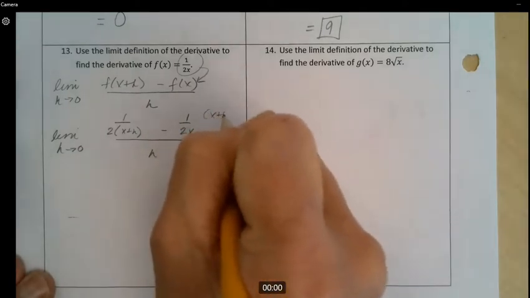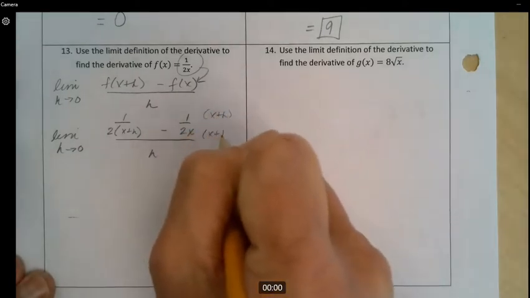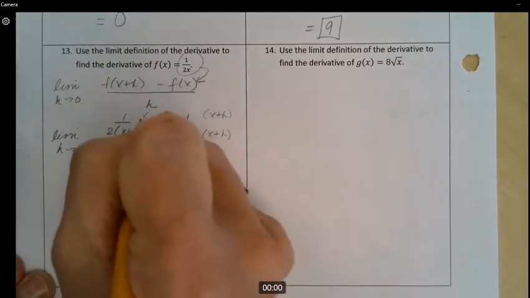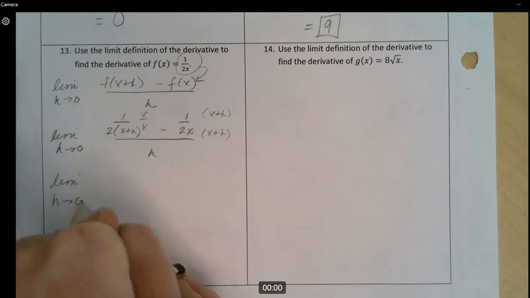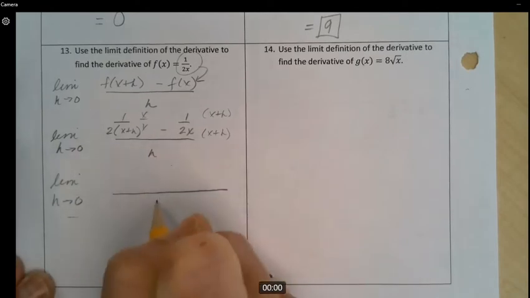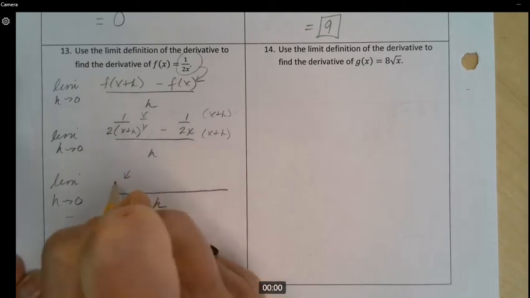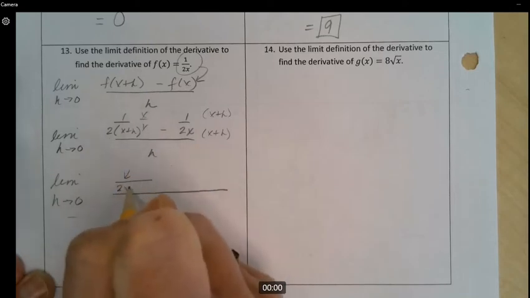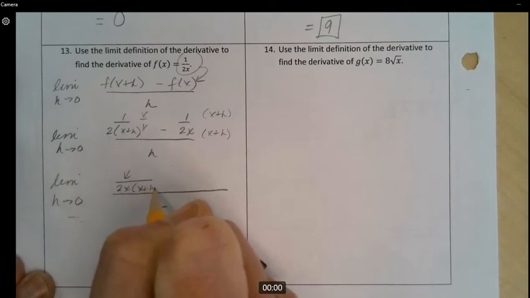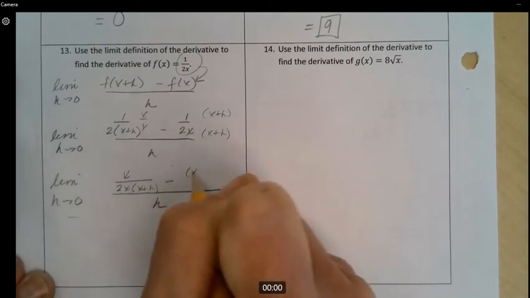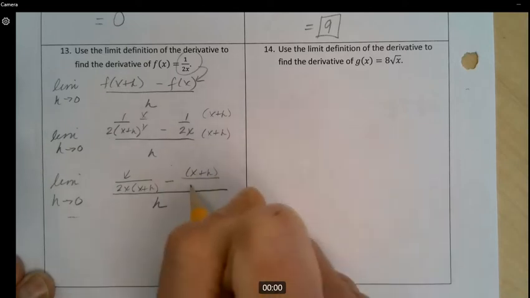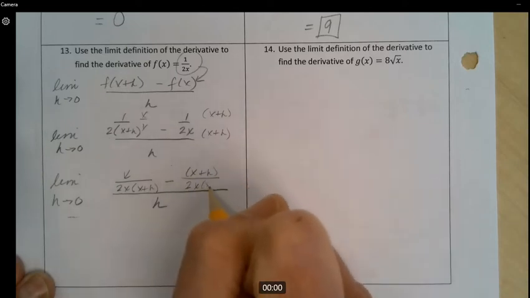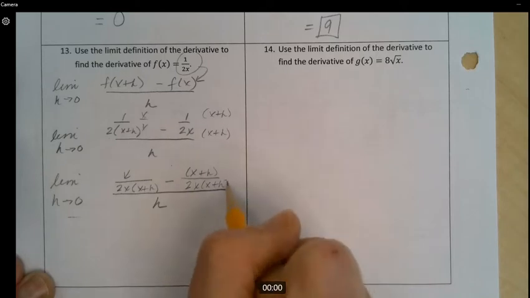This needs an x plus h. This needs an x. So my limit as h approaches 0 all over h is equal to x over 2x times x plus h minus x plus h over 2x times x plus h.